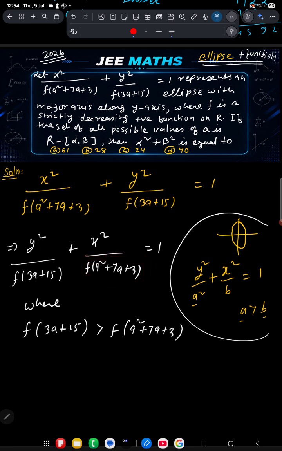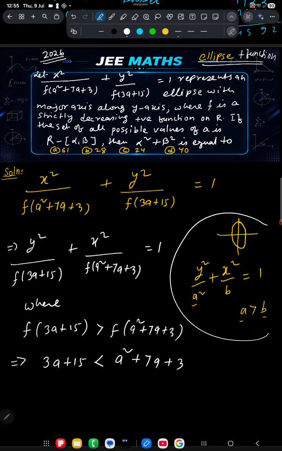So positive function is this, and strictly decreasing means as the domain is consecutively increasing, then its range will be consecutively decreasing. So in this way this inequality will imply that 3a plus 15 is less than a square plus 7a plus 3.